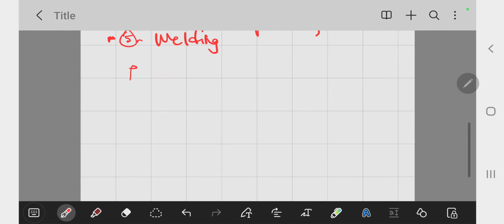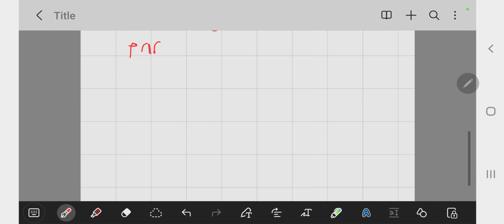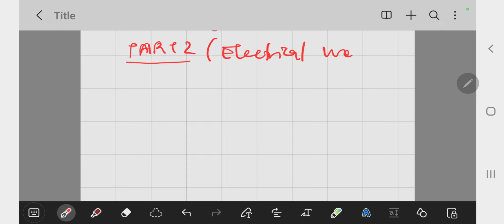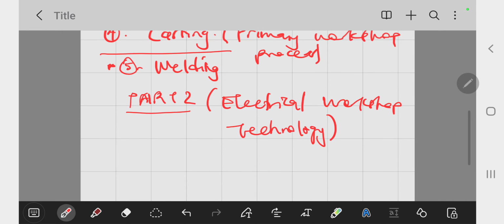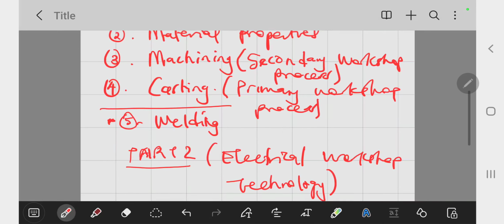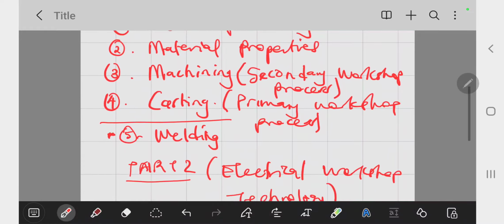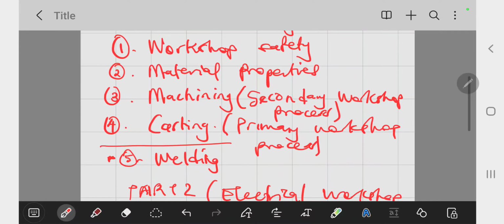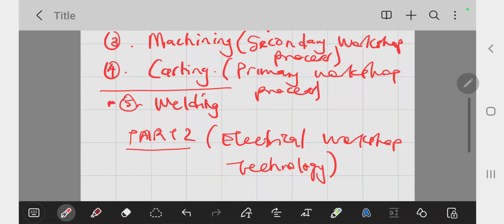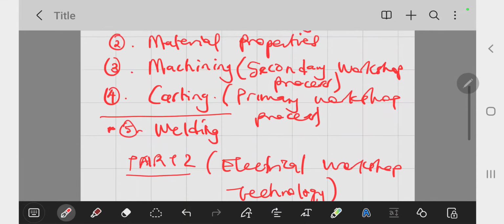Aside from that, this same course also has another part. Let's just call it part 2. The second part mainly is about electrical workshop technology. For this one, you look at most of these things, but from the electrical engineering view.